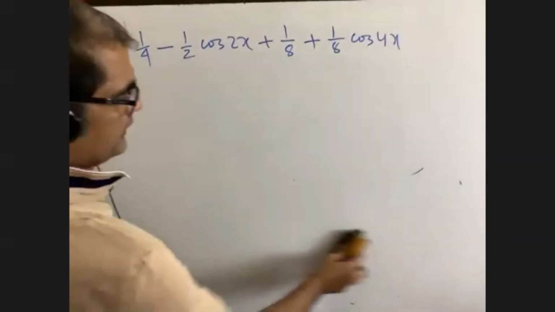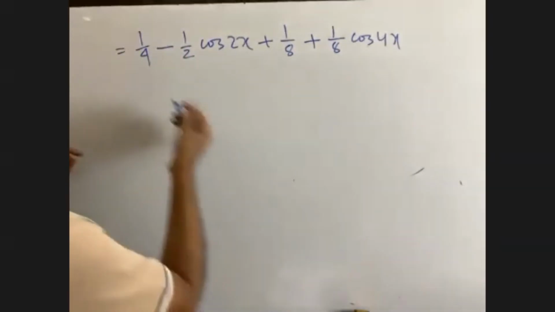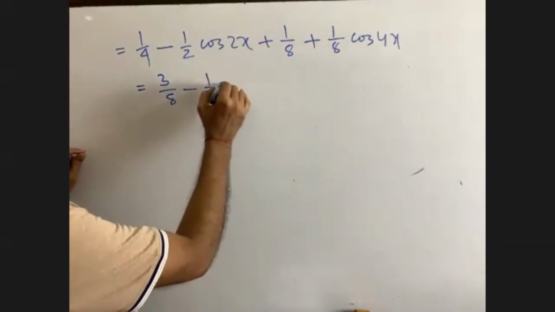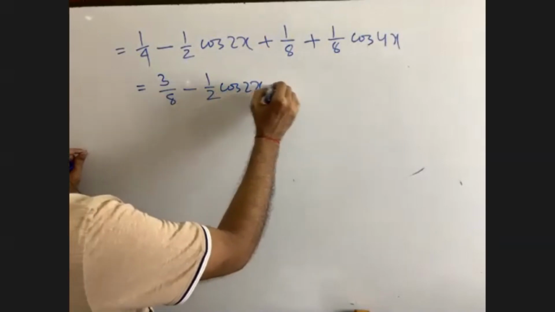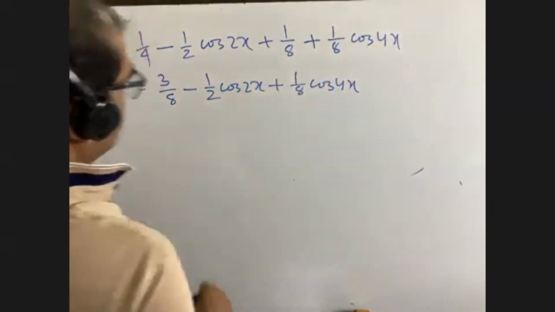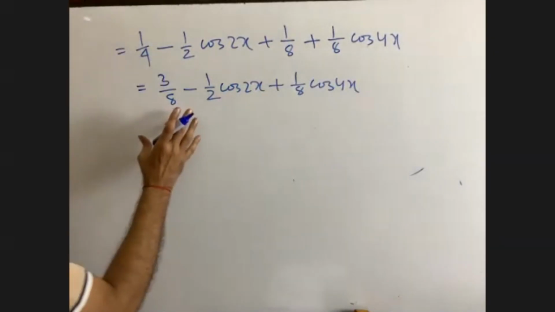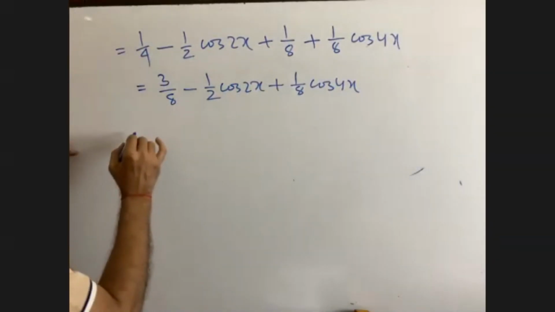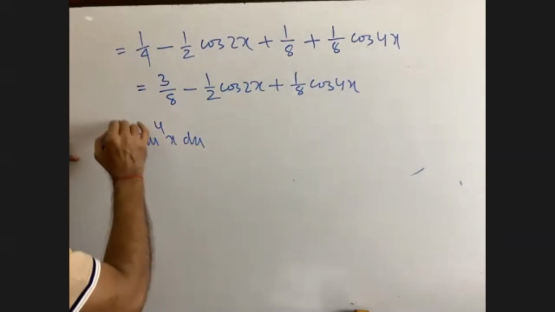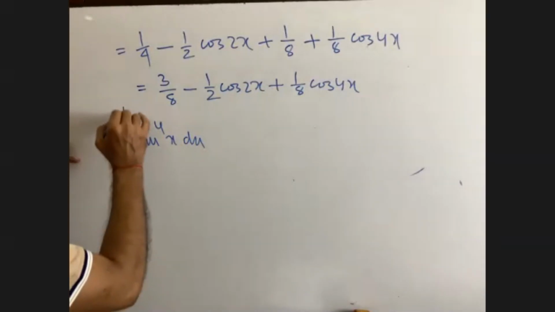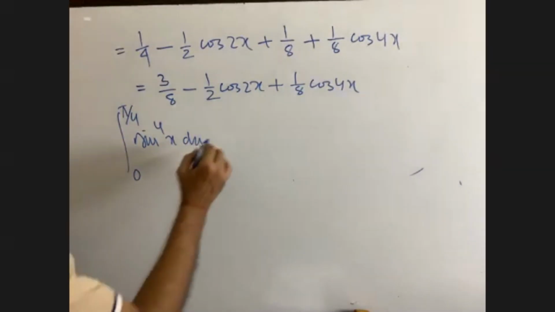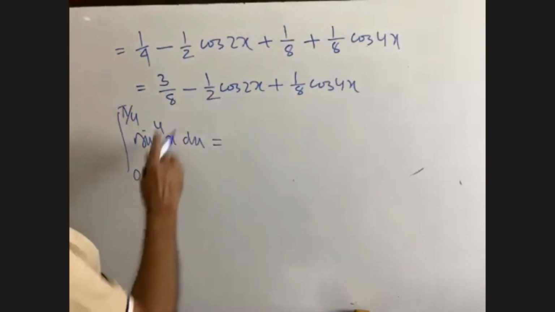So we can write down here, it is equal to 3 by 8 minus half cosine 2x plus 1 by 8 cosine 4x. It is actually sine to the power 4x, this is our integral, 0 to pi by 4. So you integrate this.